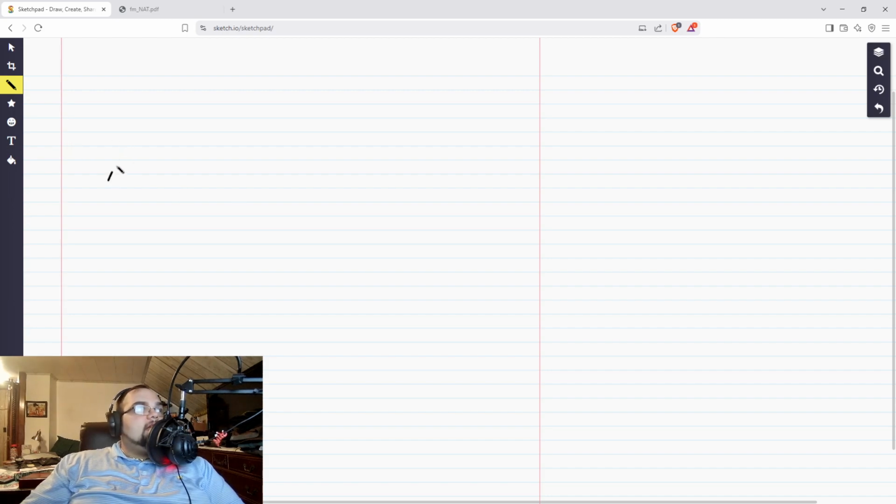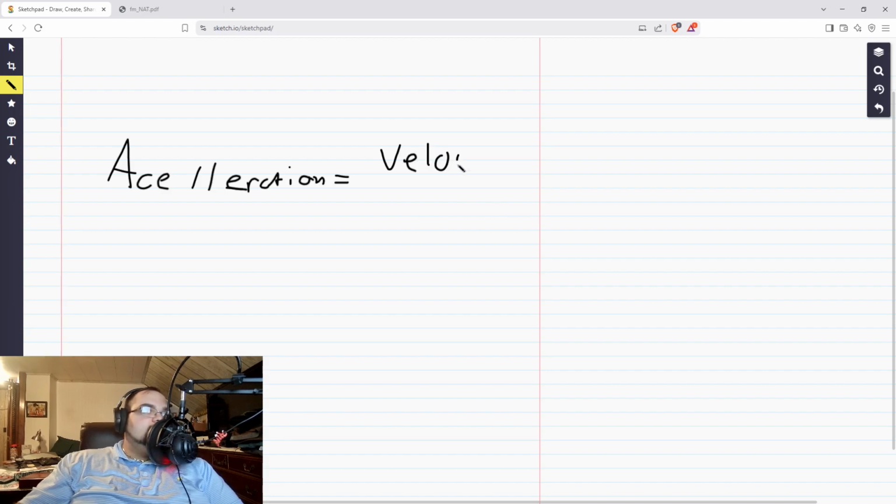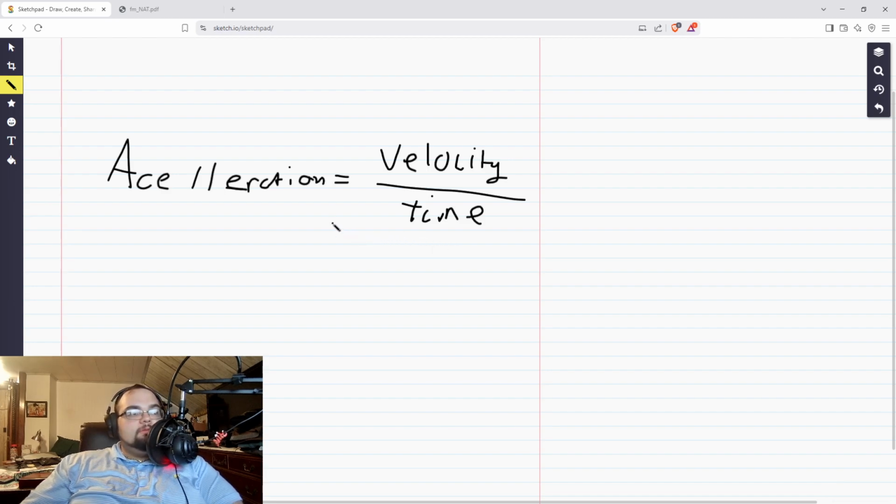So if I write that out, acceleration is equal to change in velocity divided by time. Okay, this comes off from what we talked about previously in my other lecture.